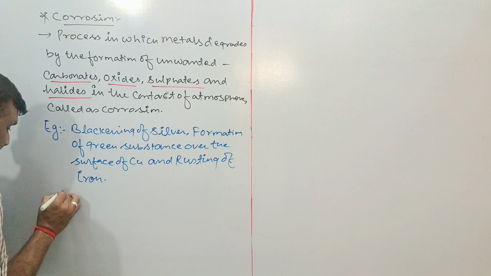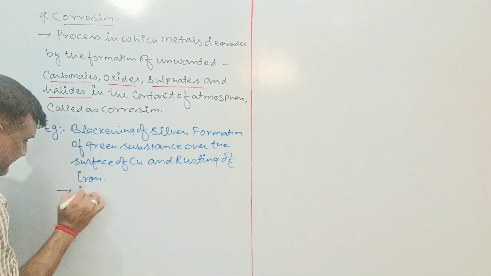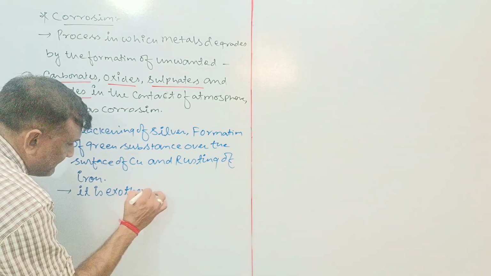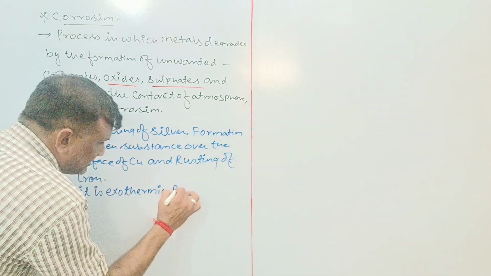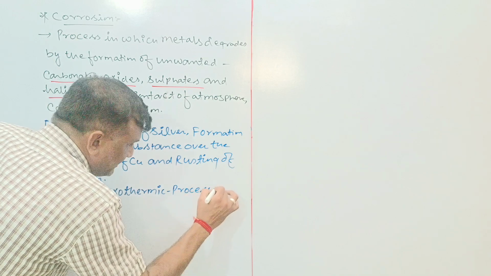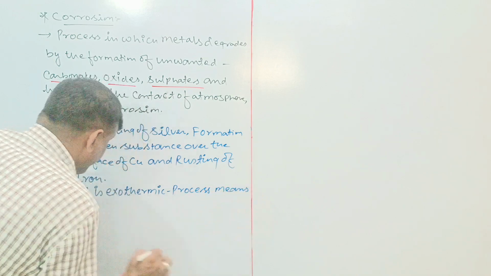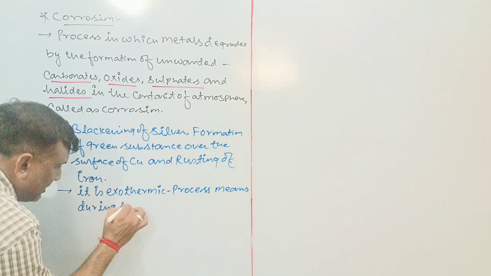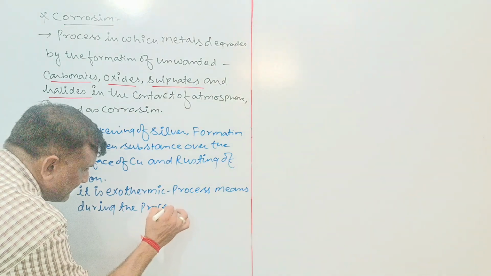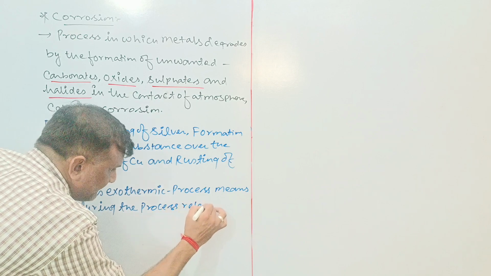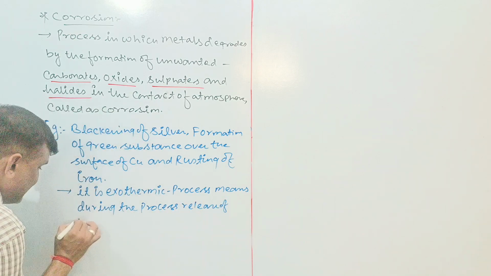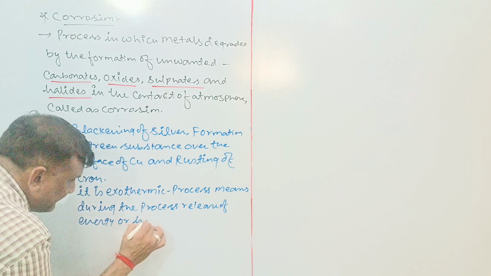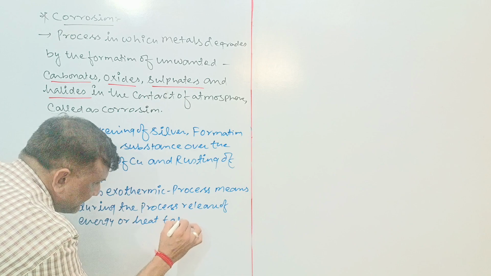Corrosion is an exothermic process. Exothermic means that during the process, release of energy or heat takes place.